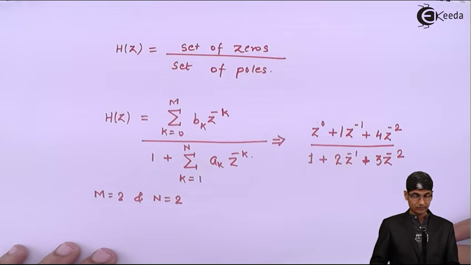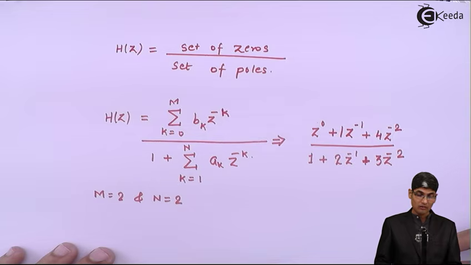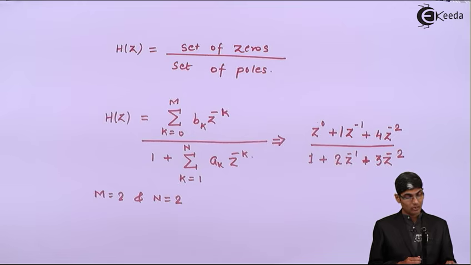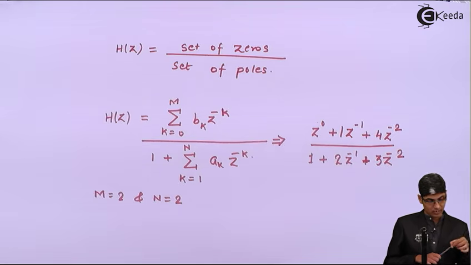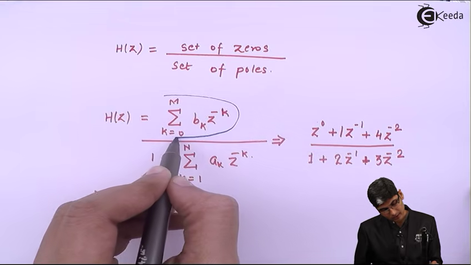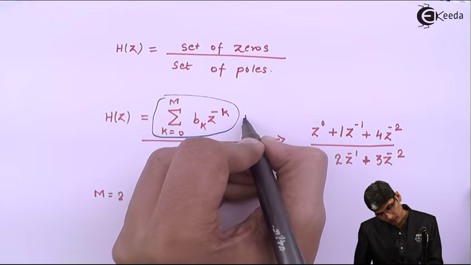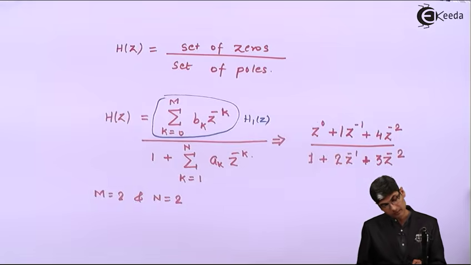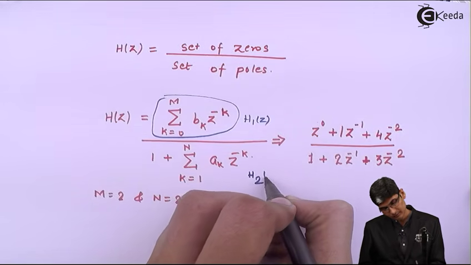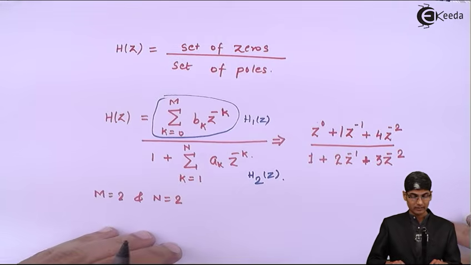But it's very important. What we see is, we have 2 polynomials which we need to implement. One we call H1 of z, and second let us call it H2 of z. So this I call H1 of z, and 1 upon this term I call H2 of z. So now let us write it down.